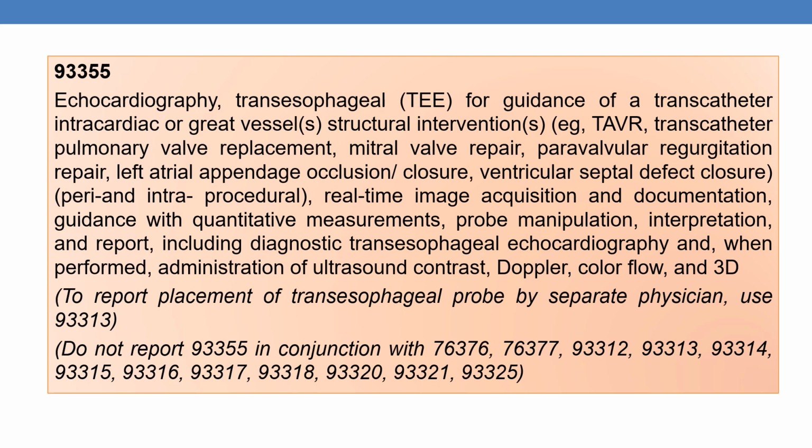But if separate physician inserts the probe, then you need to use 93313. And do not report 93355 in conjunction with 76376, 76377, 93312, 93313, 93314, 93315, 16, 17, 18, 20, 21 and 25.